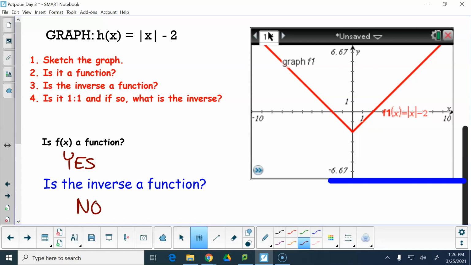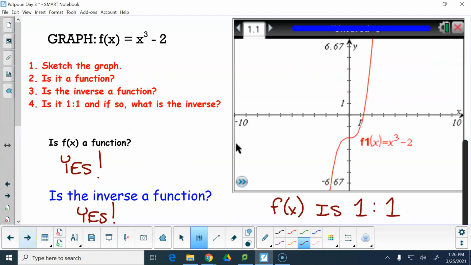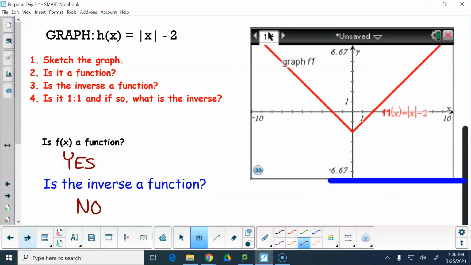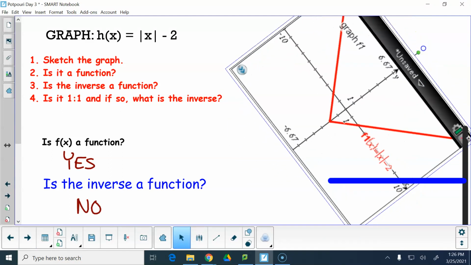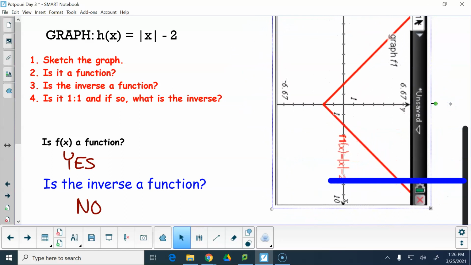Now, so far, we've done a function that didn't have its inverse as a function. We've done a function whose inverse was a function. Then we did that one, which is the same one. What if we had this, that it wouldn't be a function, but the inverse would?